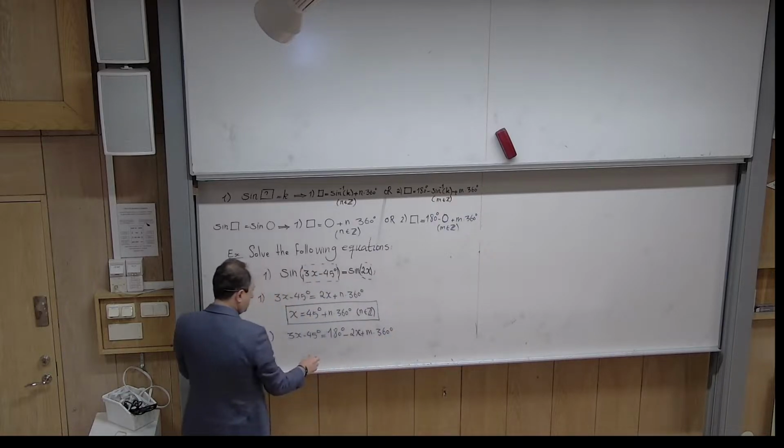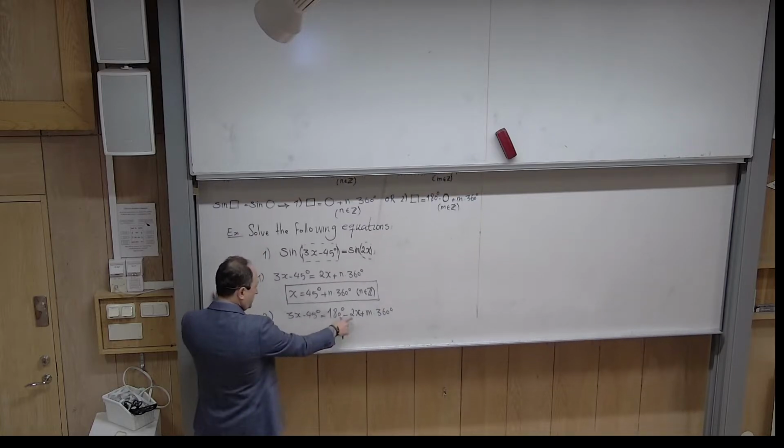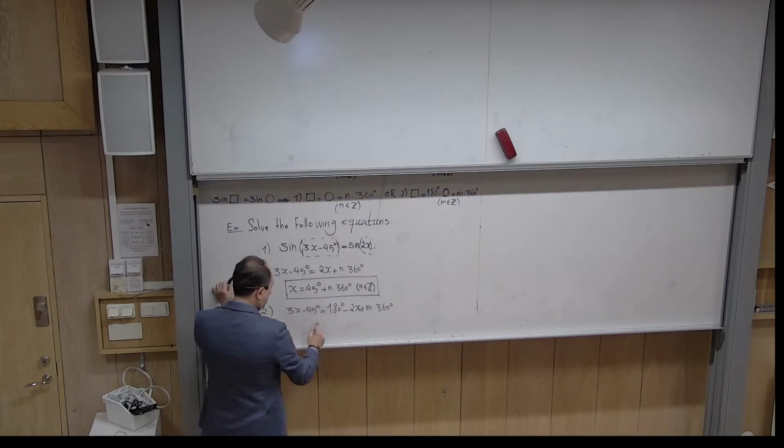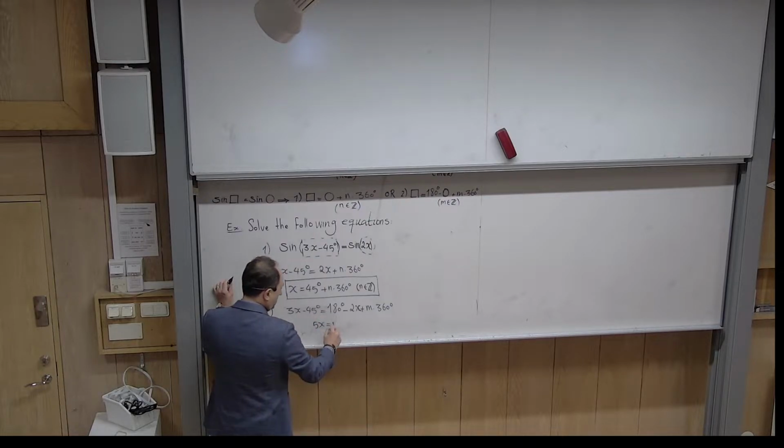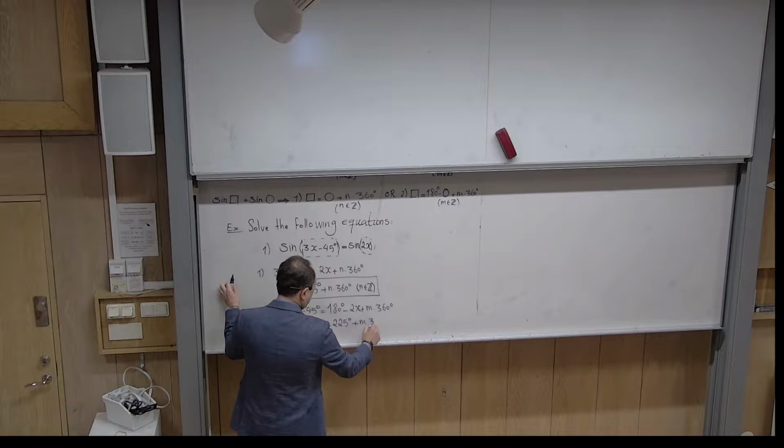But again, as before, I am looking for x. I move minus 2x to the left. Positive 2x, positive 3x is positive 5x. I move 45 to the other side. Positive 45, positive 180, 225. And then I have plus m times 360 degrees.